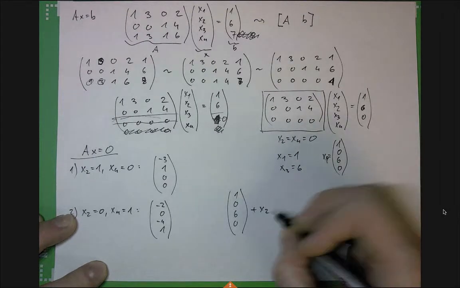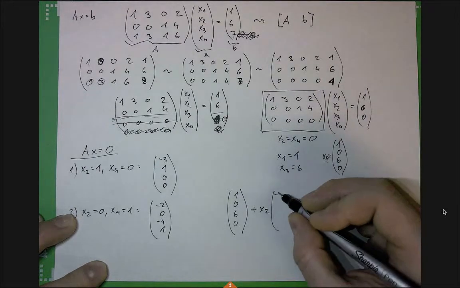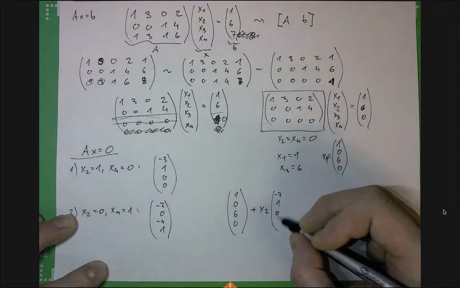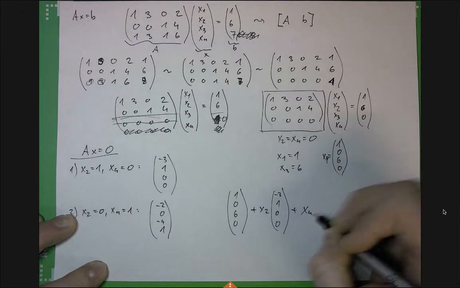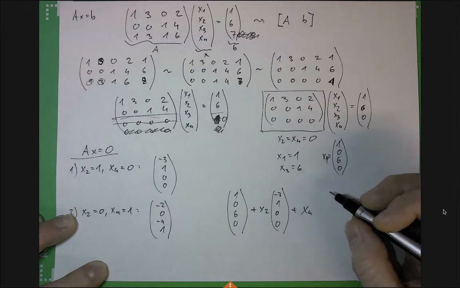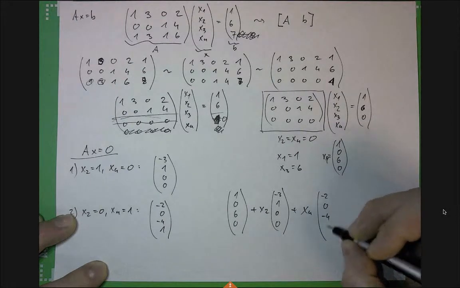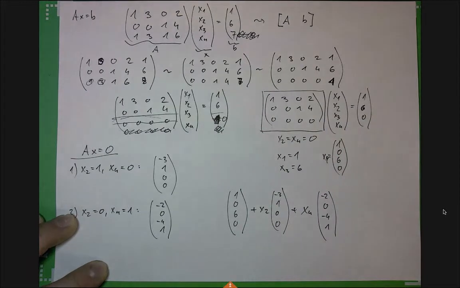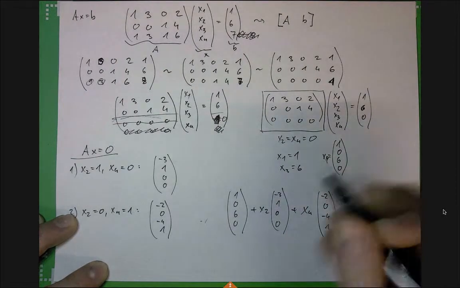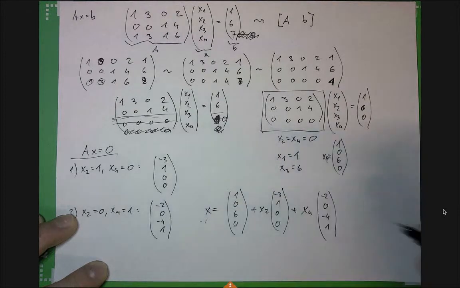plus x2 or alpha or whatever, really, right? That's a free variable, plus x4 times -2, 0, -4, 1. So any solution looks like this for all x2 and x4 scalars.